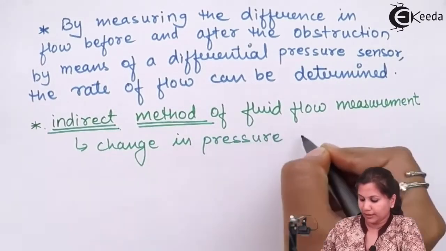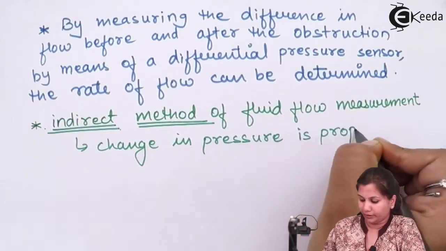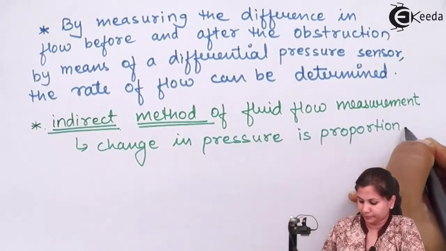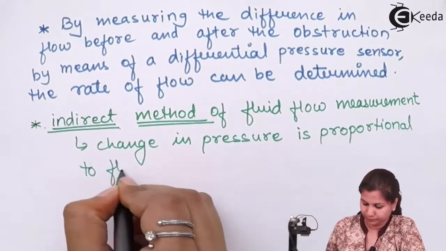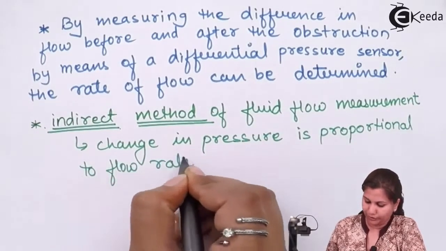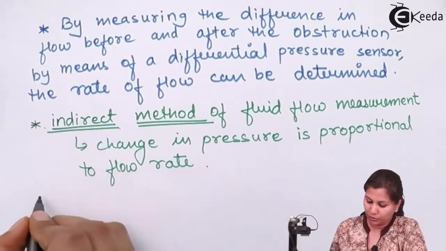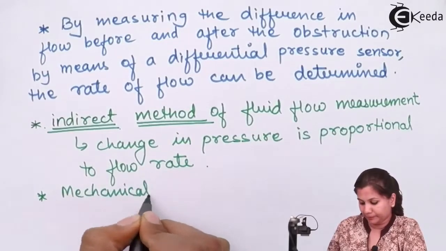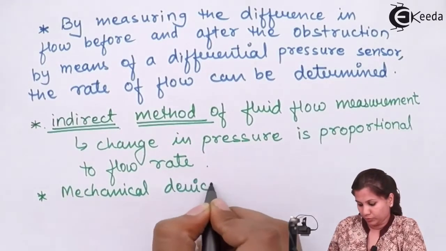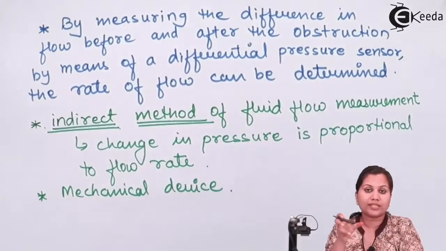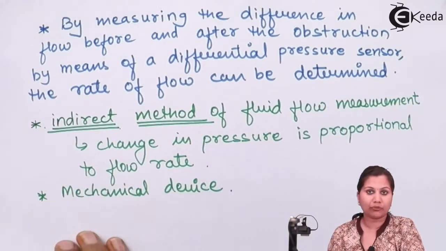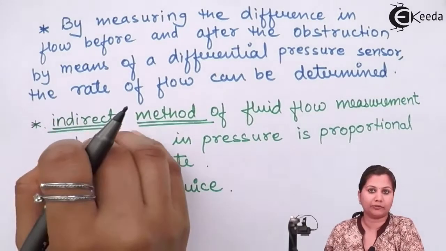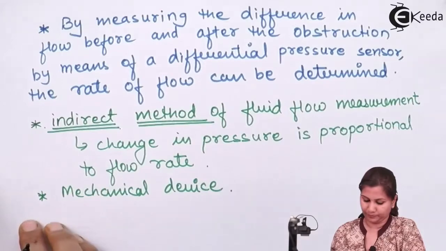Change in pressure is proportional to the flow rate. So it is an indirect method. Also, it is a mechanical device. The construction of this device is such that it is acting as an obstacle in the path of the fluid. So it is using a mechanical means and also an indirect method for the measurement.